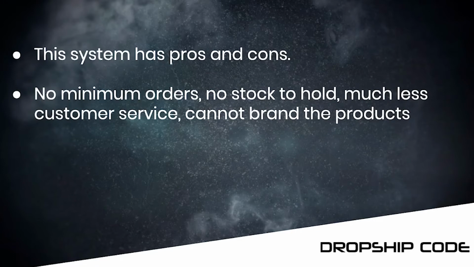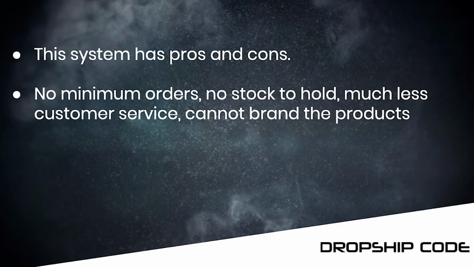This system though does have pros and cons. First of all, one of the pros of this is there's no minimum orders. So there's also no stock to hold. Quite often when you're getting into the e-commerce world, you would find a product, you would brand that product to yourself, and then you would order in bulk that product from some supplier, whether that was in China or from an eBay seller or an Amazon seller or someone locally.